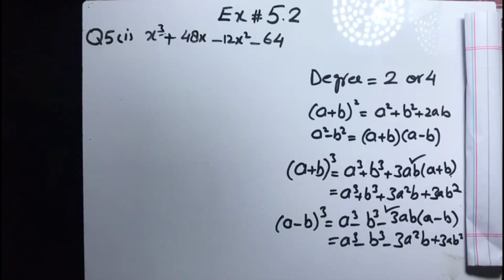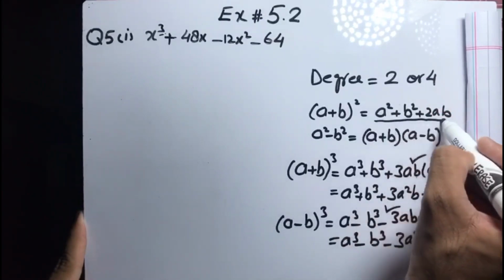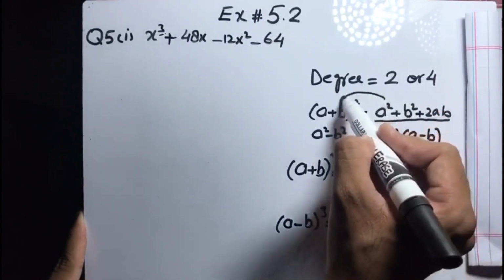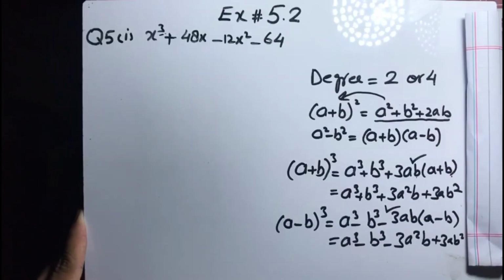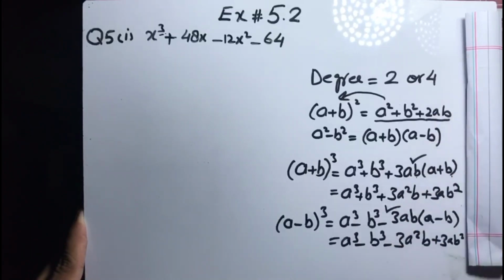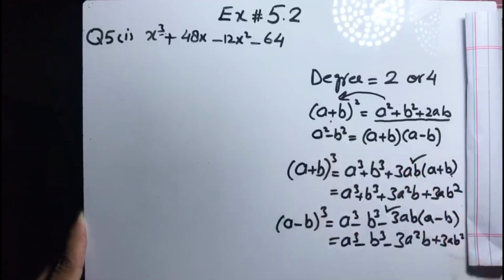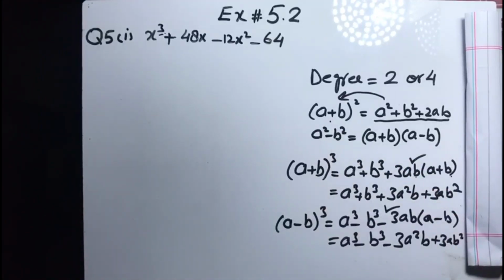First of all, if we revise the previous question, if the right hand side is given, we make that question a complete square. If the right hand side is not given, then we add and subtract plus 2ab by ourselves, and we make this situation and solve it by completing the square.